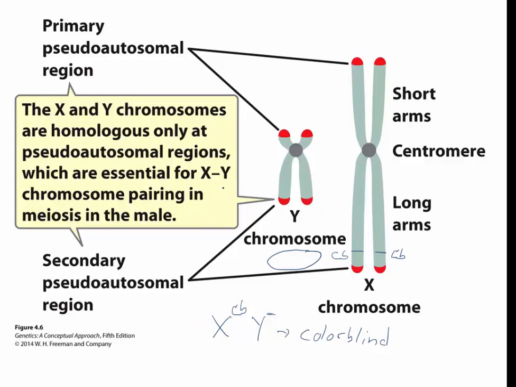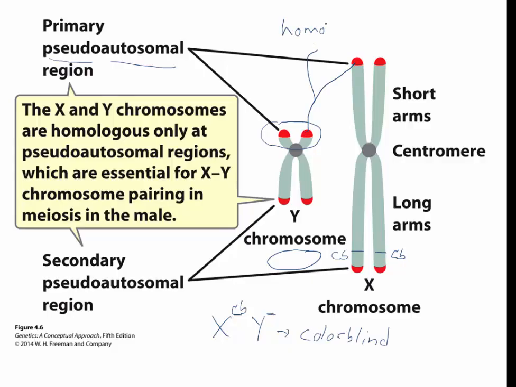There's also something on the Y chromosome called the pseudo-autosomal region, meaning it's kind of like an autosome. An autosome is a non-sex chromosome, and when autosome homologous pairs line up, they have similar DNA sequence, which allows them to pair up during meiosis. A little bit of the X and Y chromosome have similar sequence, so these little bits are homologous.